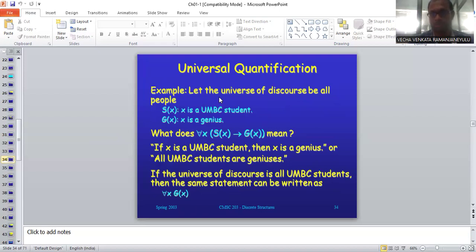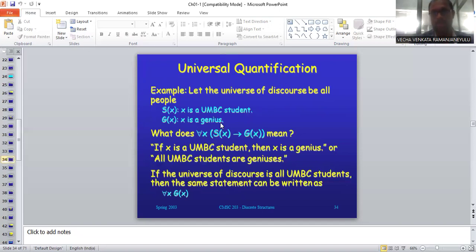I am taking one example here. Let the universe of discourse be all people. S of X means X is a UMBC student and G of X means X is a genius. Here I am applying the universal quantification.